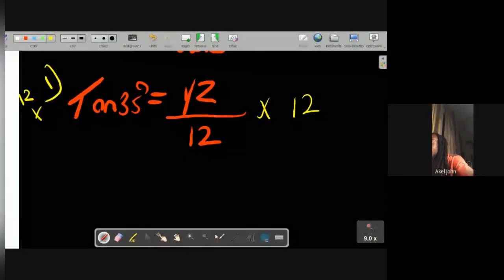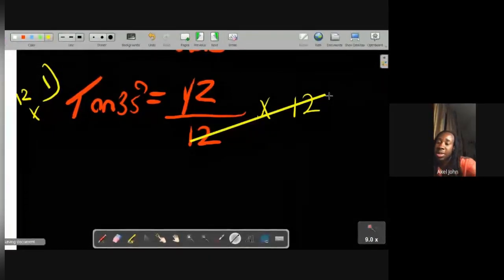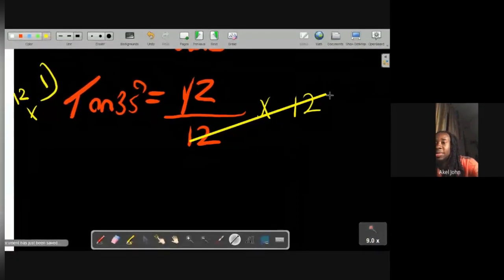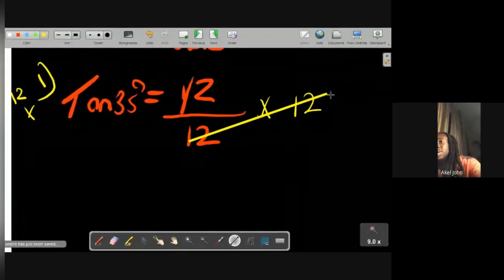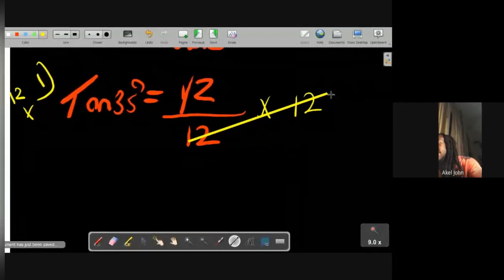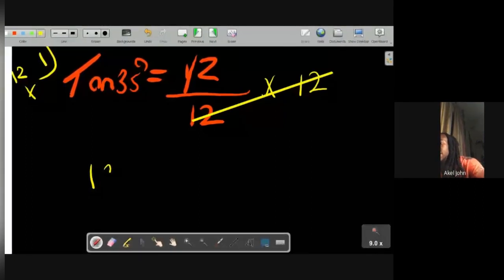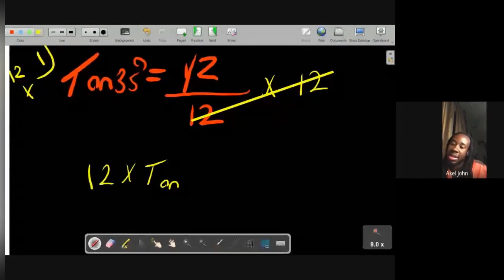We then cancel off the denominator of the fraction. And now we end up with 12 multiplying tan 35, whatever tan 35 is when you put it in your calculator, is equal to ZY. And that will give us the length of ZY.